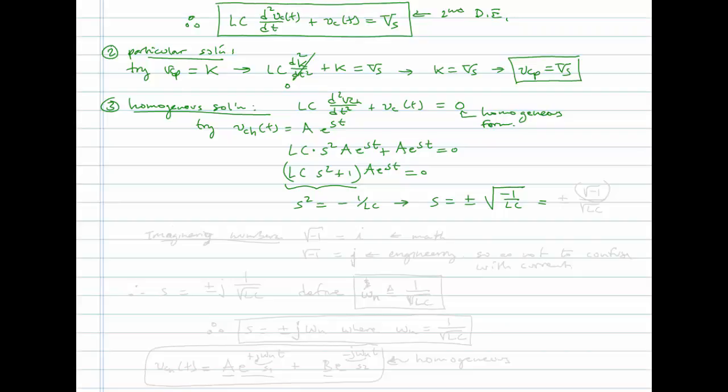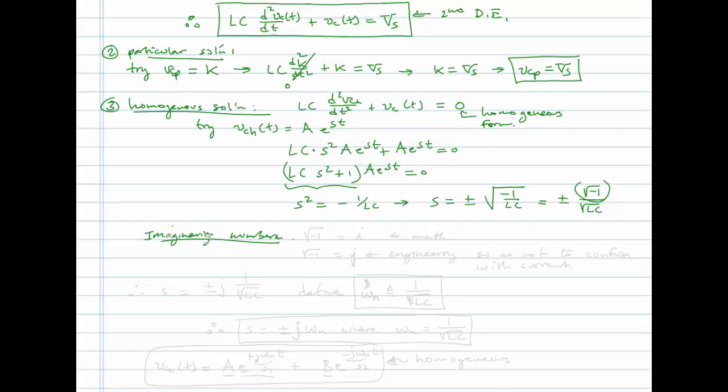Or we could say plus or minus square root of minus 1 over square root of LC. And now we have something strange here. We have the square root of a negative number. So we are going to have to deal with imaginary numbers.